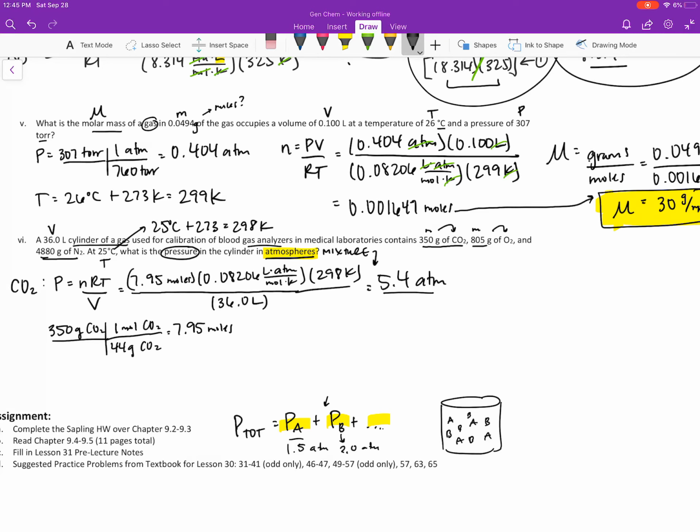So now I'm going to repeat that. I've done carbon dioxide. Now I'm going to repeat that with oxygen. If I determine how many moles of oxygen this is, it's going to be 805 grams of oxygen, which has a 32 molar mass.